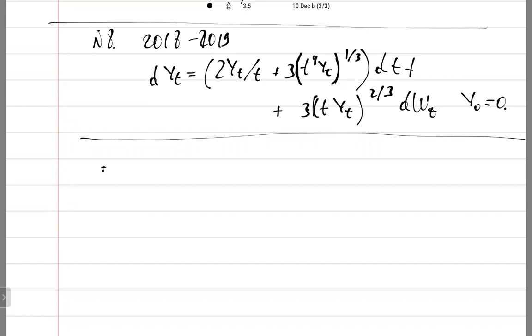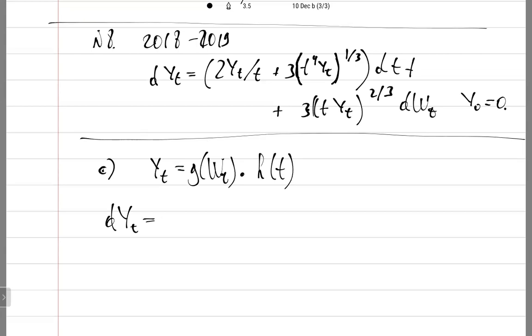Point C proposes that we check whether Yt is a product of something that depends on the Wiener process times something that depends on t only. Let's find dY.